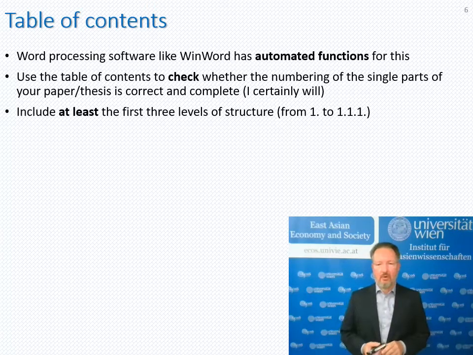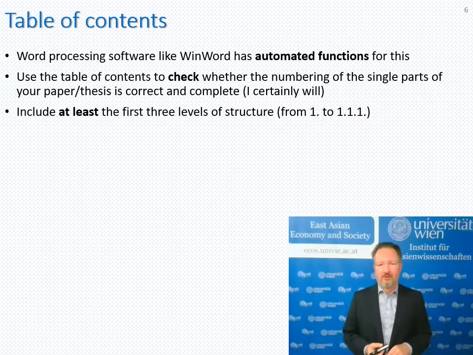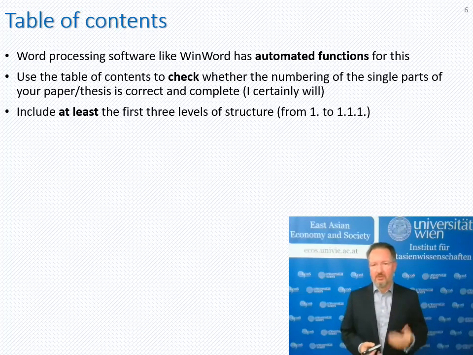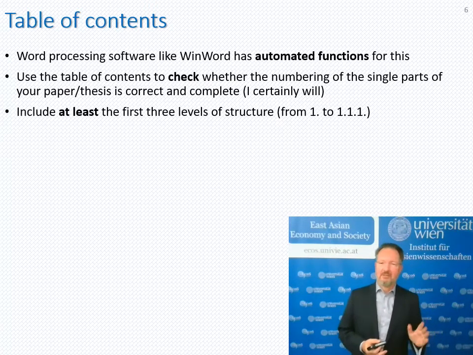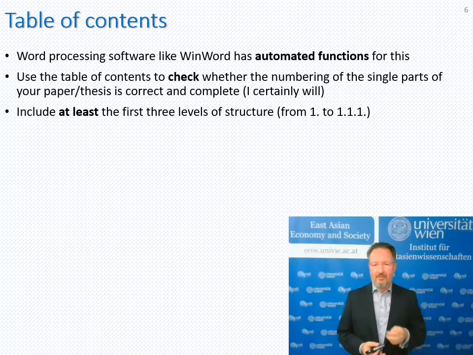You should also use the table of contents after you have written your thesis to check whether the numbering of the single parts is correct and complete, because I will certainly do that. And in, let's say, 5% of all cases, I find that a section is missing, or actually it's not the section that's missing, but the numbering somehow got messed up.